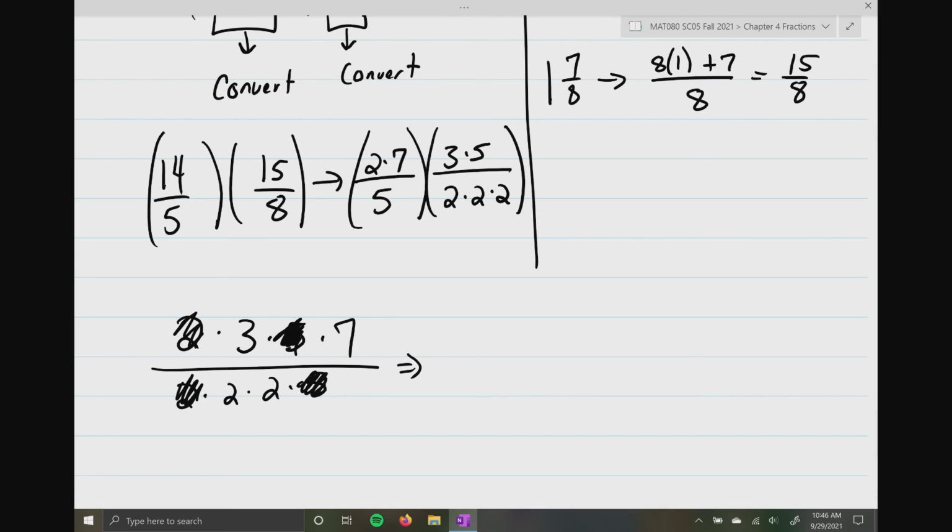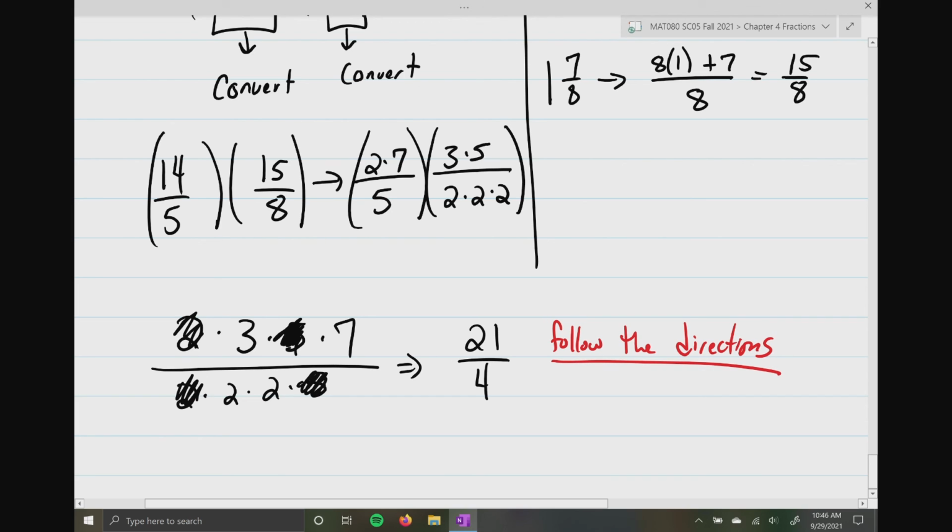3 times 7, we're going to multiply the leftovers. 3 times 7 is 21. 2 times 2 is 4. Now, I will give you this. I'm going to write it in red. You got to make sure you follow directions.